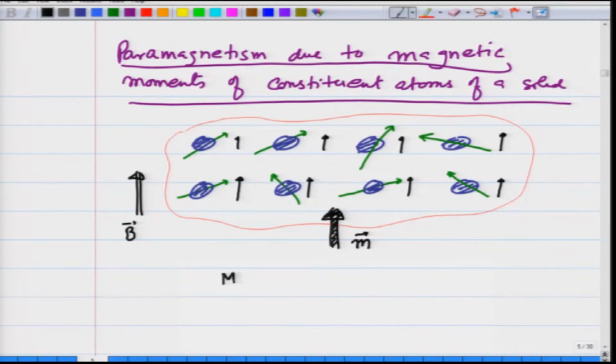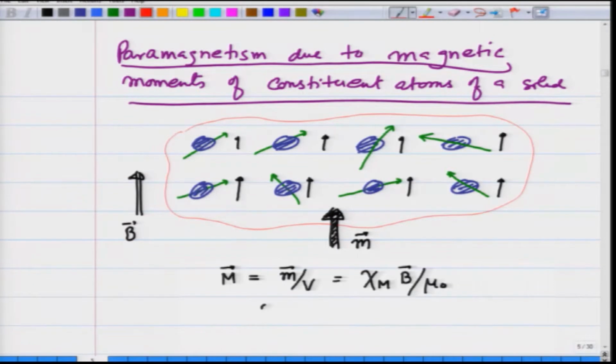The magnetization M, which is magnetic moment per unit volume, is given by the susceptibility. So this is defined as chi m equals M divided by B over mu 0, where mu 0 is the vacuum permeability.